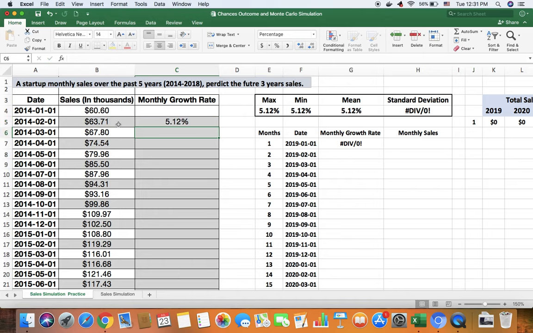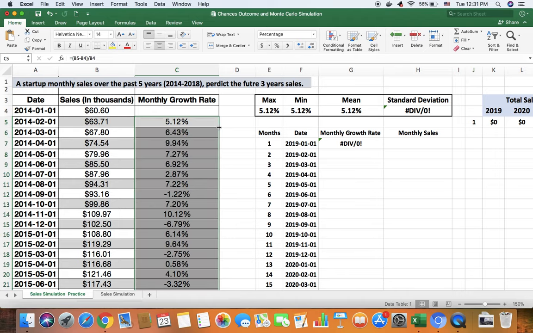Return. We have the first month's monthly growth rate. Double click. We got every month's growth rate. And then we visualize this data.